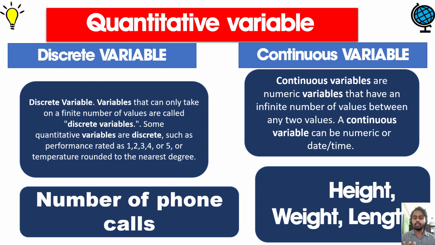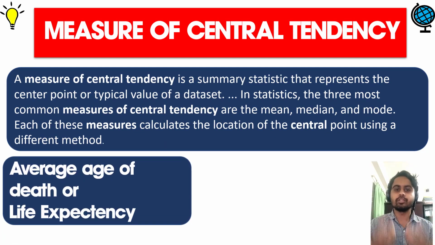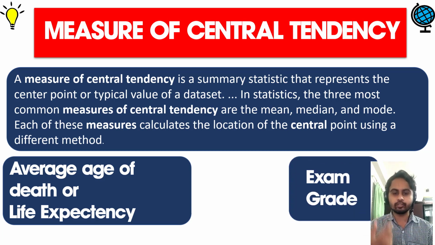All right, so this is how you can describe these 2 variables. And in this video, as I said, I will specifically show you how to analyze the data of quantitative variables. Now moving on to measures of central tendency. What is a measure of central tendency? You have to find a value which represents the whole data. Let me give you an example, like average age of death or life expectancy.